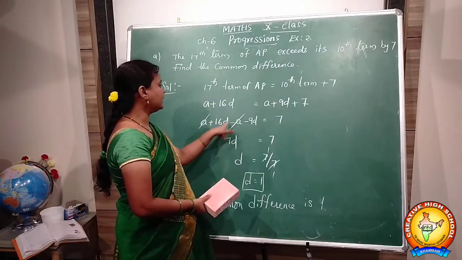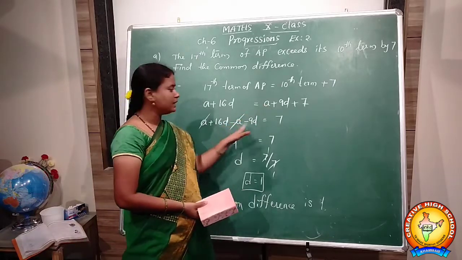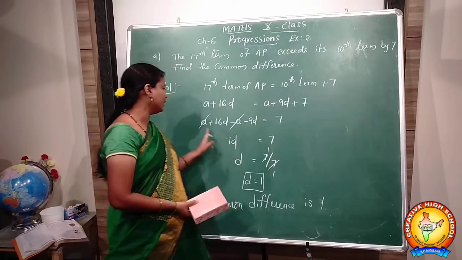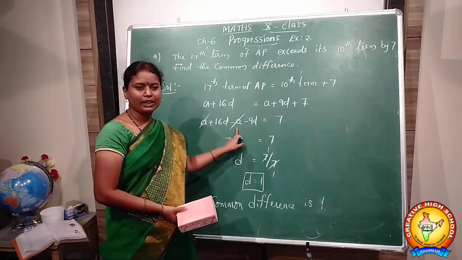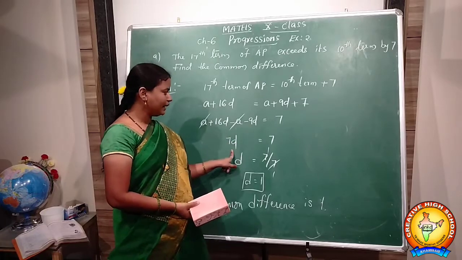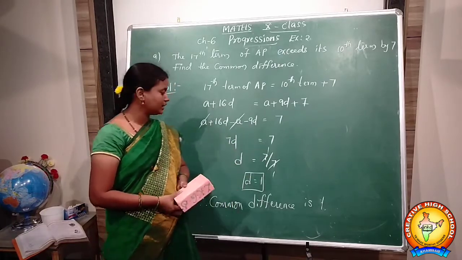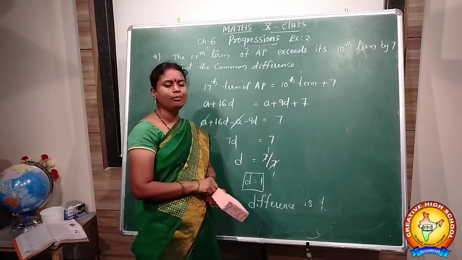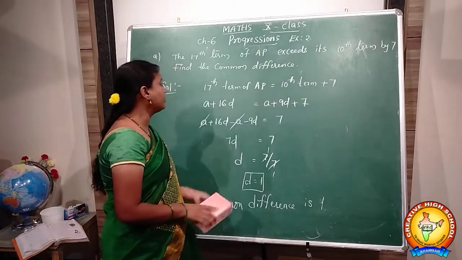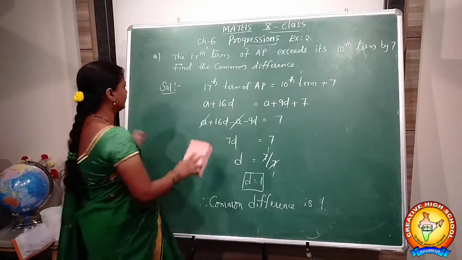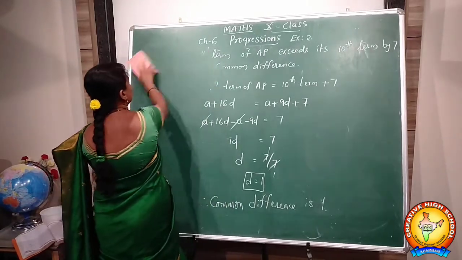A plus 16D plus A becomes minus A, plus 9D becomes minus 9D, is equal to 7. A minus A will become 0. 16D minus 9D is 7D. 7D is equal to 7. If we cancel, D is equal to 7 by 7, then it will become 1. So here the common difference of this AP series is 1. Do you understand? Now let us see one more problem.